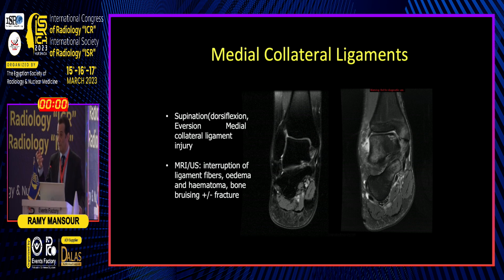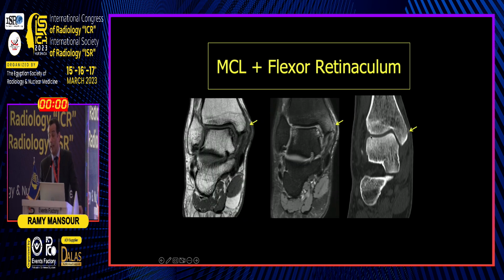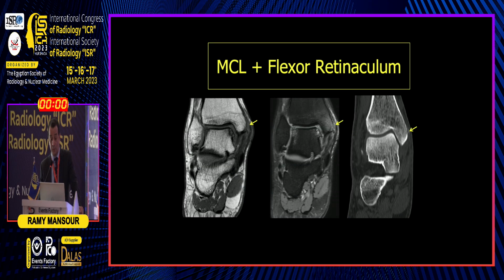When you see an MCL ligament tear, always look for other ankle problems, like the osteochondral injury in this patient, and this patient also had a lateral collateral ligament injury. So it is very important to look for other injuries.